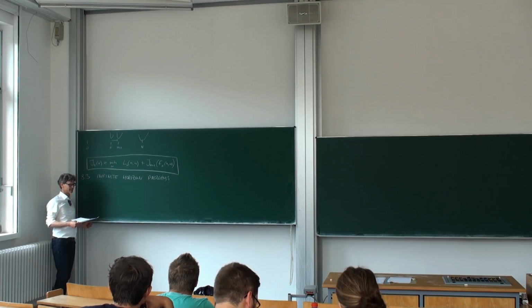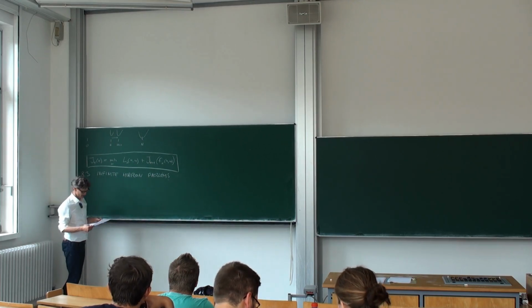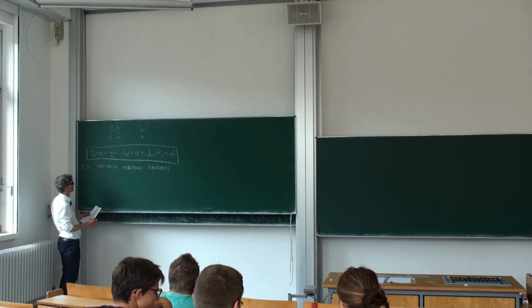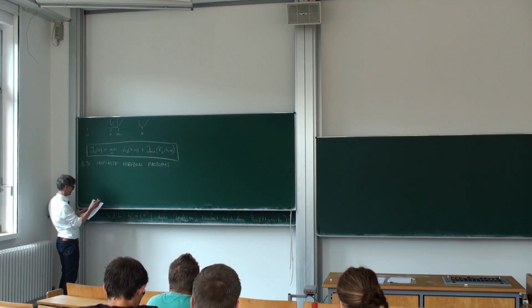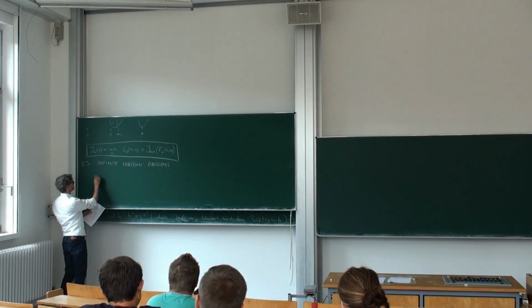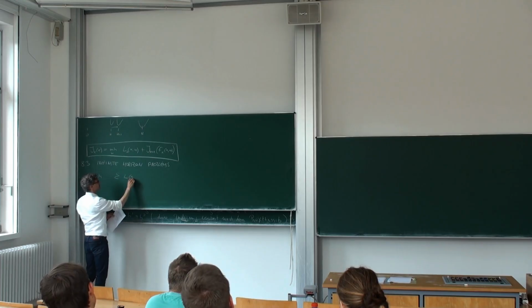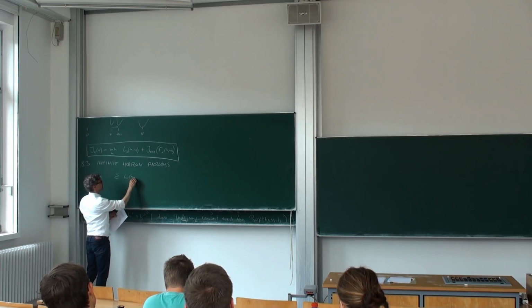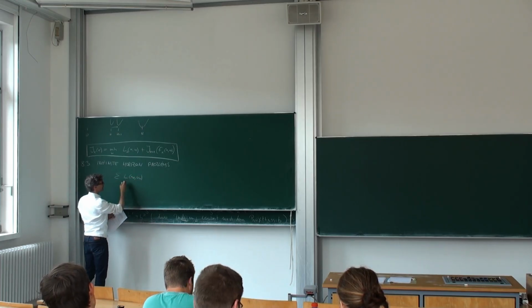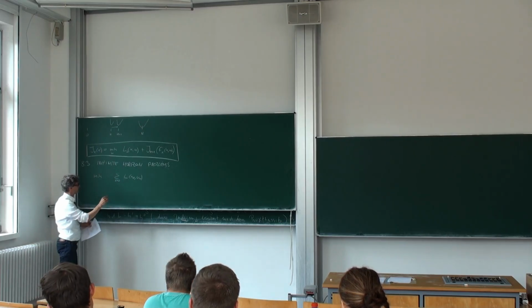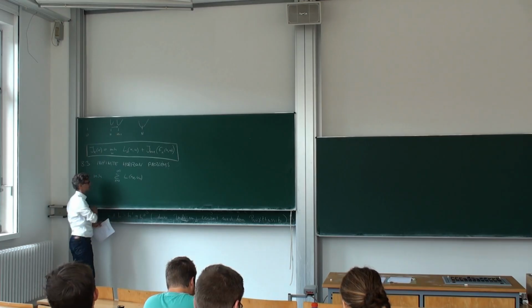Sometimes this is done with a discount factor. In the script at the moment we don't have it, but maybe I will just introduce it briefly at the end. So just think of a problem where I want to minimize a cost which should not depend on the index, so the cost itself is time independent, and I sum over all indices up to infinity.